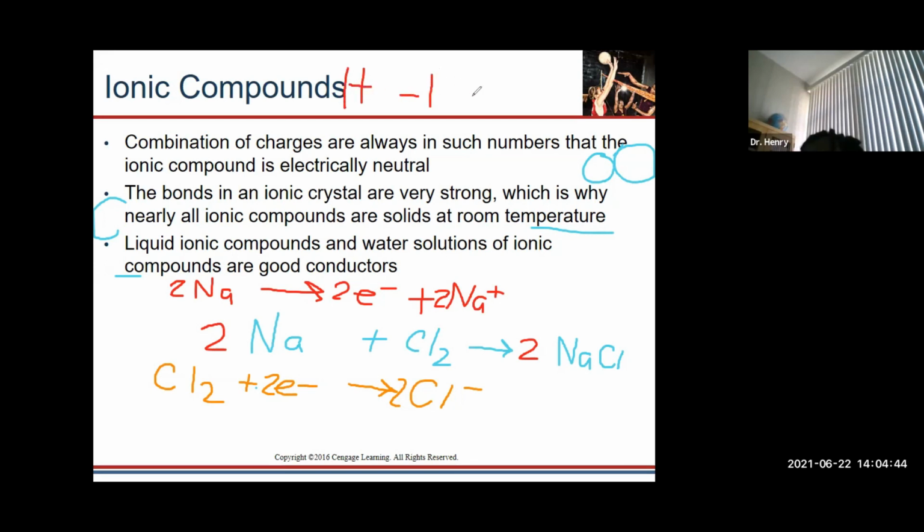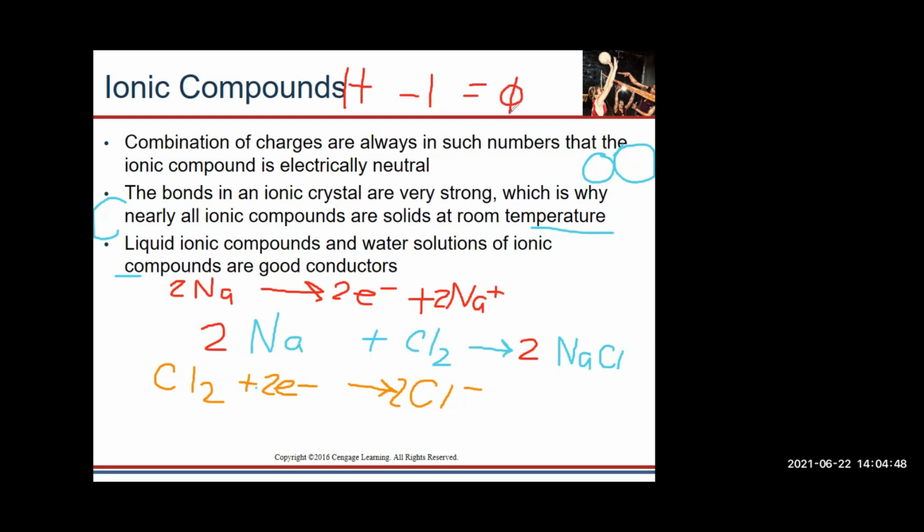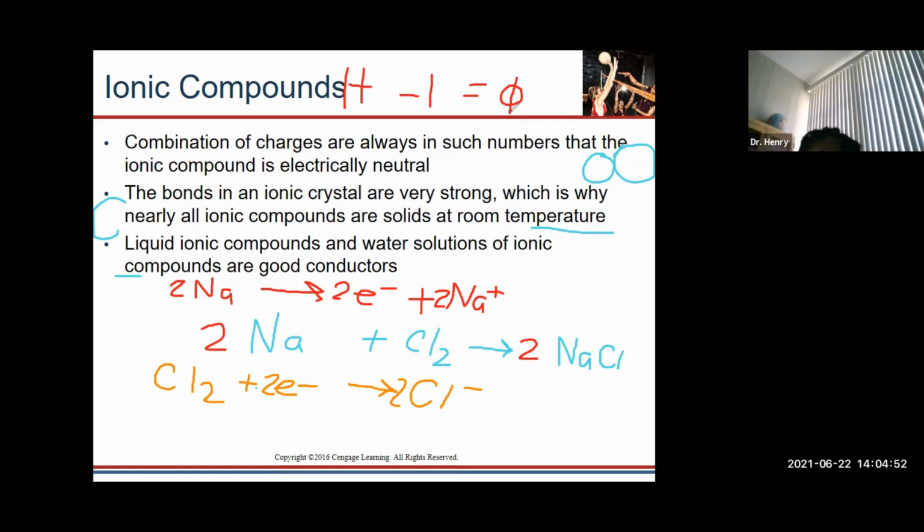What would that equal? 0. Okay. So when you have that plus charge and that minus charge coming together, it should always equal 0. So we write no charge on it, where the ions, Na plus and Cl minus, have charges associated with them. But when they're together, they are neutrally charged. Are you with me? Okay.